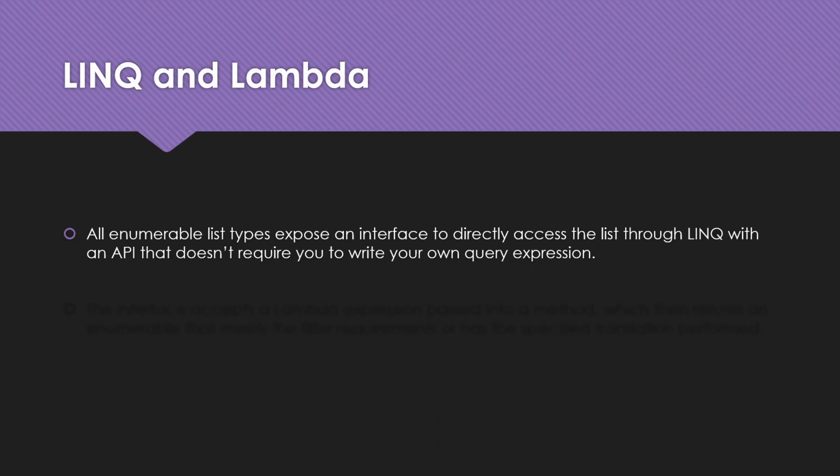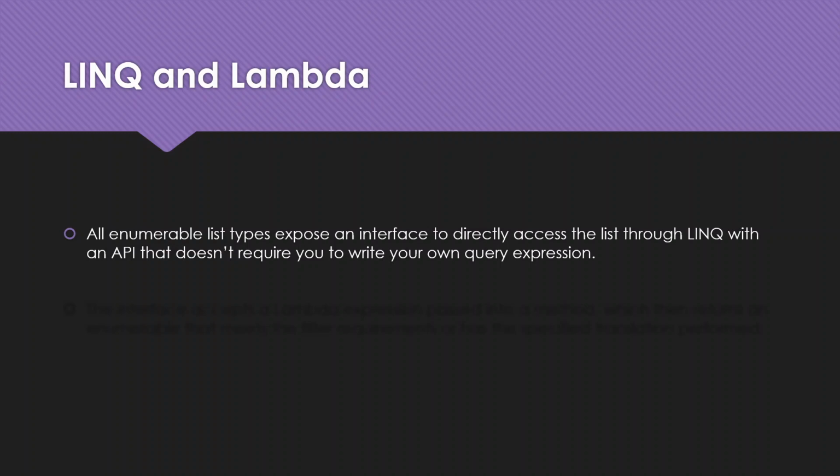The other thing that we want to cover along with LINQ is the concept of a lambda expression. You'll see them all over the place in the last half of the class, and it's essentially an equal sign and then the greater than symbol.